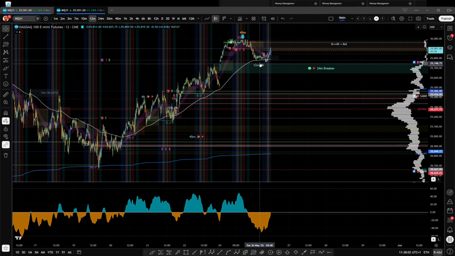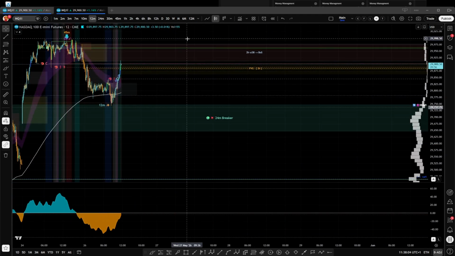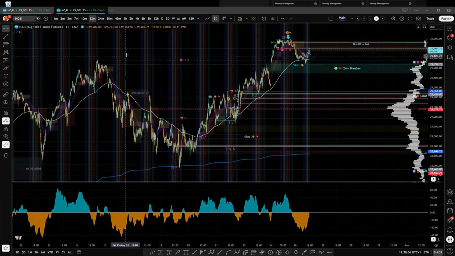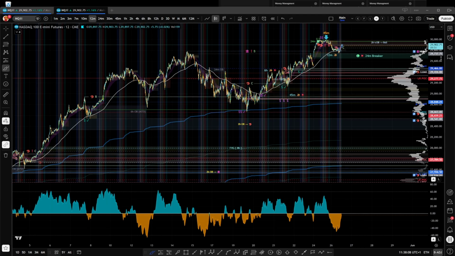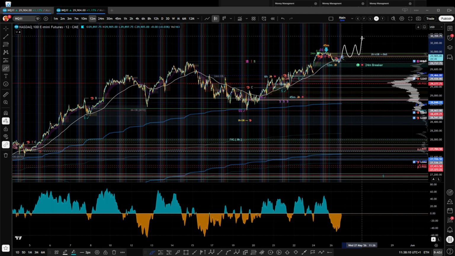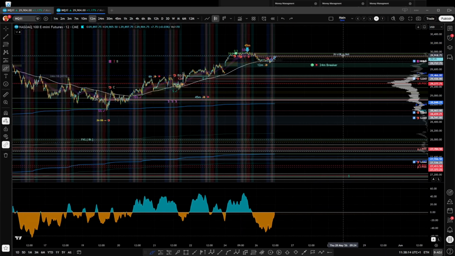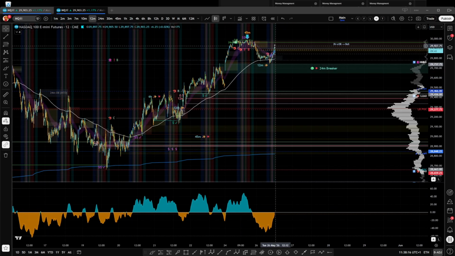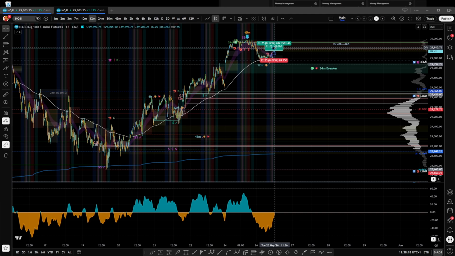What's the probability of that? I mean, it's not extremely likely. From here, we could wash 30k a bit before doing that, and put in a kind of temporary top. But look, I just have my levels. I know what I like to see at those levels. I know what I don't like to see at those levels, right?